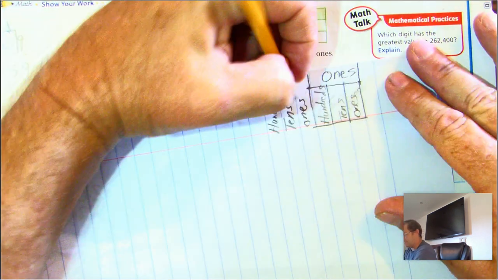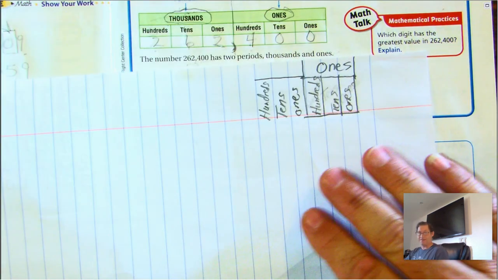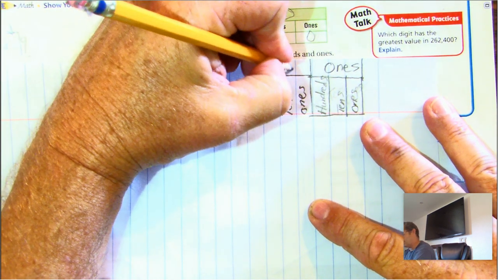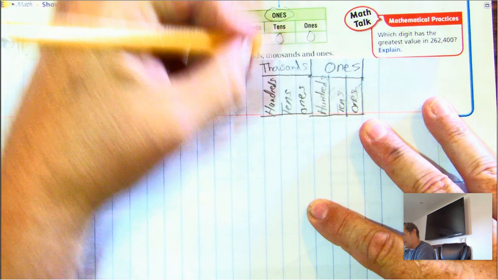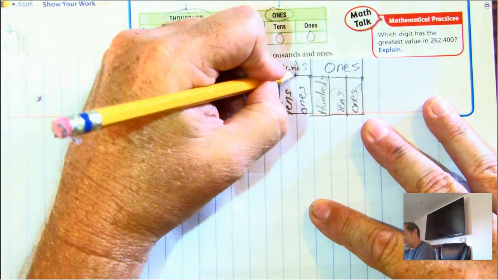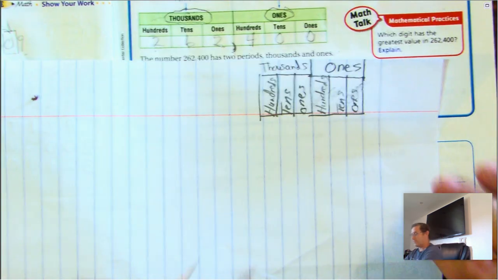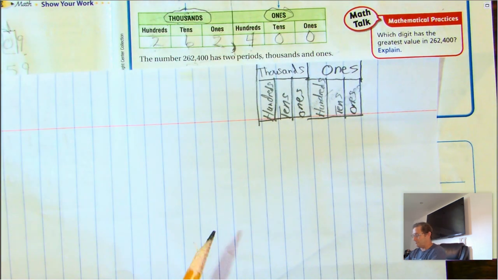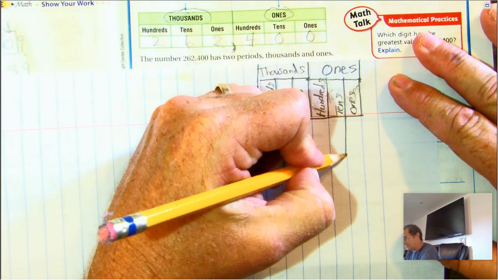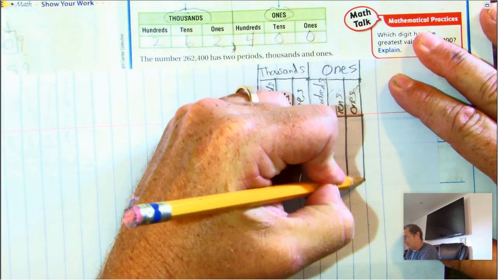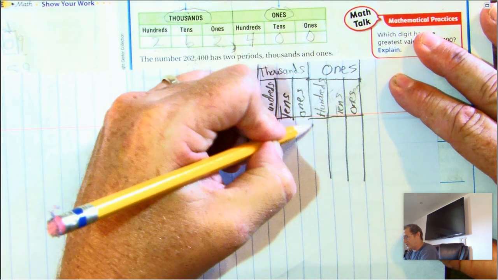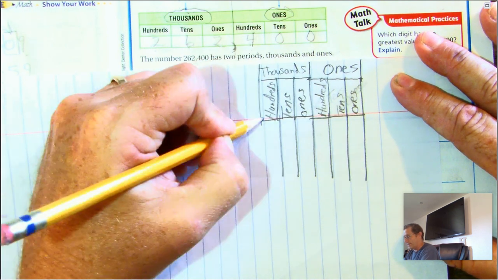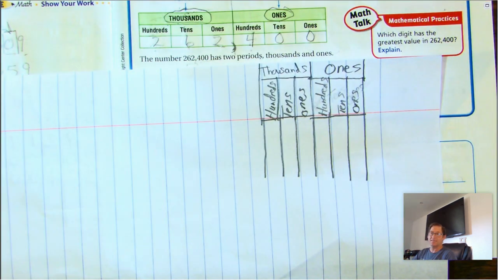But this time, the period's name is thousands. So we can box that and separate the place values. So we've created our place value chart. And then draw lines going down to extend our place value chart, because we can write a couple problems in here as we go and to help us visualize the place value.